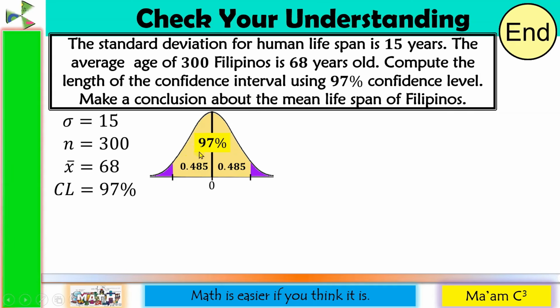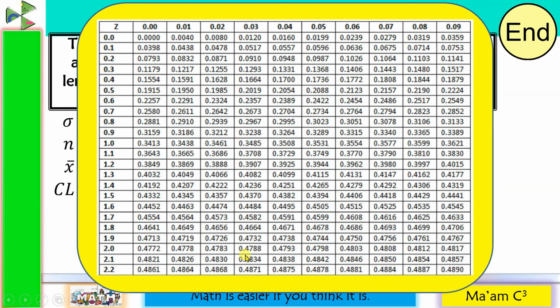97% or 0.97 in decimal when divided into 2 will give an area from the mean of 0.485. We are going to look for this area in our Z table. And it is here. So the corresponding Z value is, we have 2.1. The hundredths digit is 7.